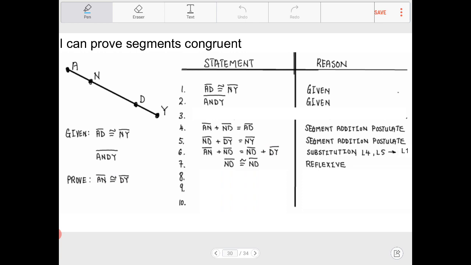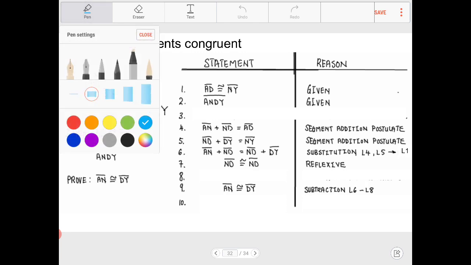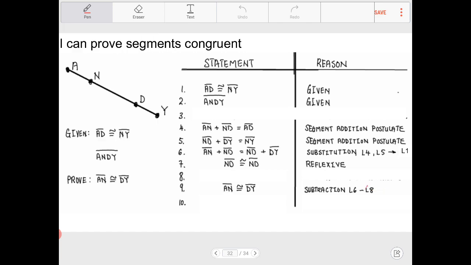We're going to subtract lines 6 and 7 to get rid of the NDs on both sides. And if we do, we'll end up with AN is congruent to DY, and that's because we are subtracting lines 6 and 8 together. Sorry, lines 6 and 7, it should say. Let me just really quickly fix that. I should say lines 6 and 7. And that's essentially it.